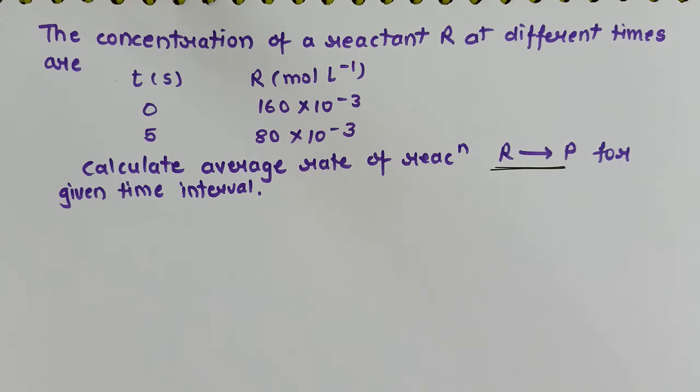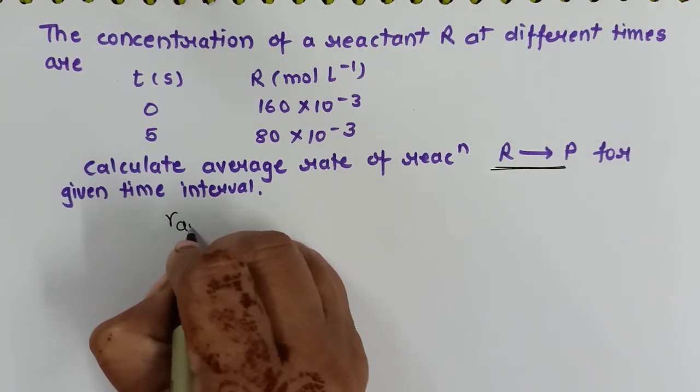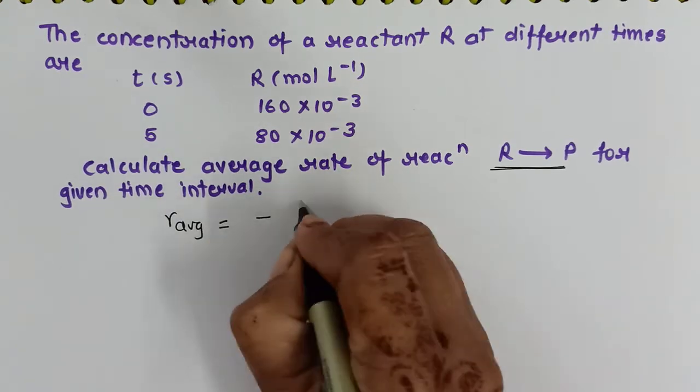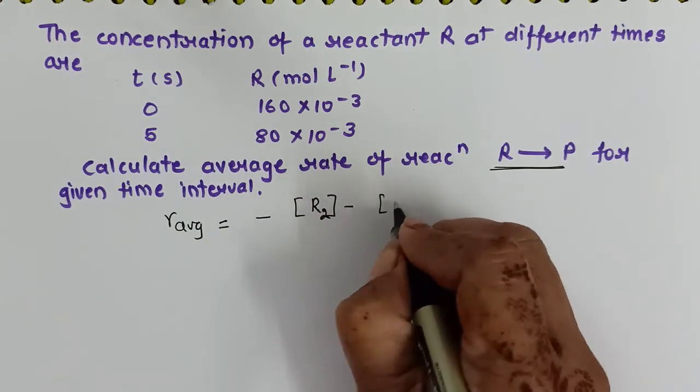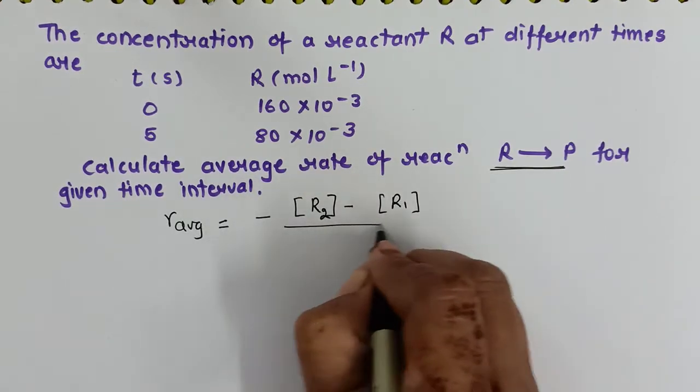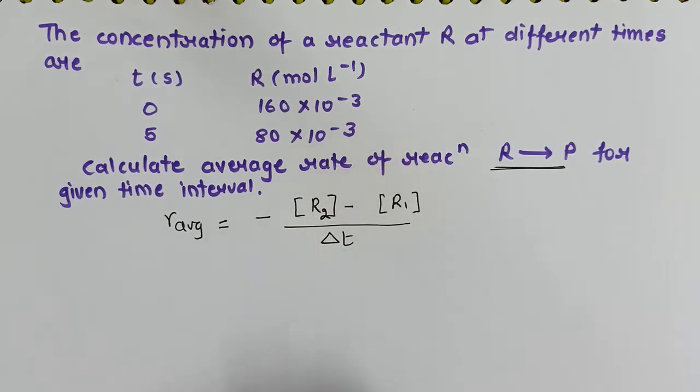Now since the concentration of reactant is available to us, for calculating average rate of reaction I will consider the formula: rate average is equal to minus, final concentration minus initial concentration, upon del T. So minus, remember R2 is always the final concentration.